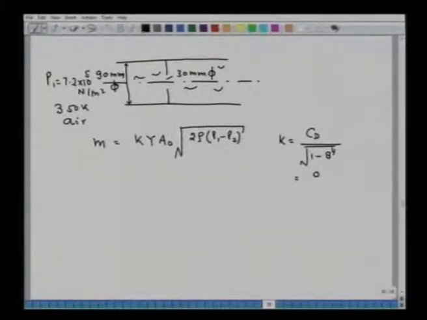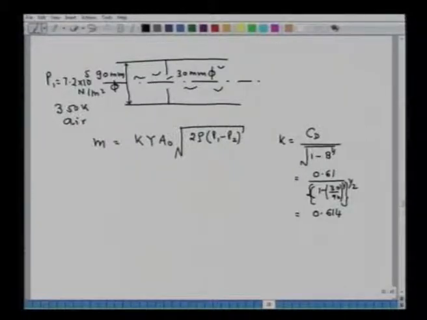So, CD is 0.61 upon the square root of 1 minus (30 upon 90) raised to the power 4. If we solve, we will get K equal to 0.614. So, we got one variable K.